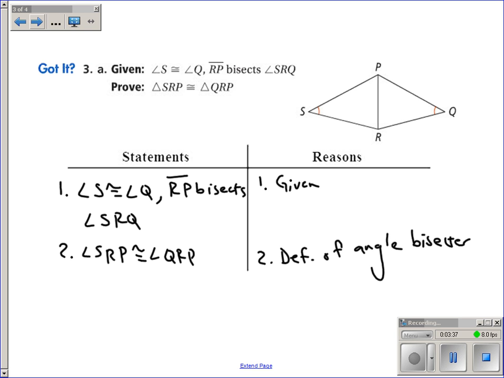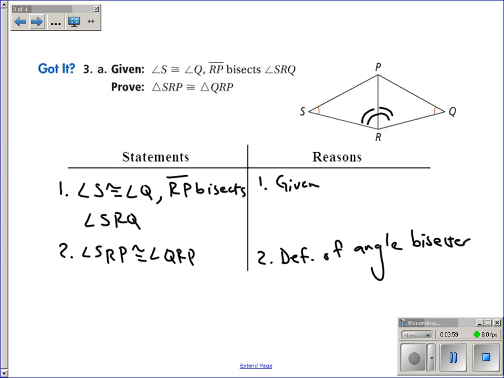So I know that this is congruent to this. Now looking at this picture, am I going to use angle side angle or angle angle side? In both I have two angles. I need to know which side is congruent to the corresponding one in the other triangle.